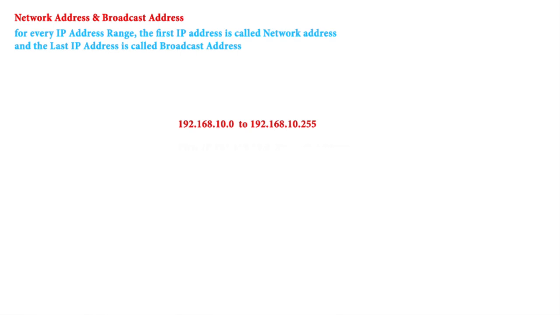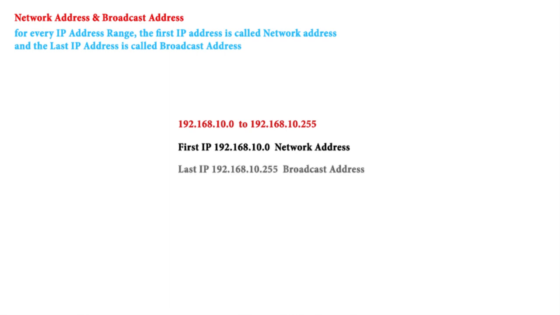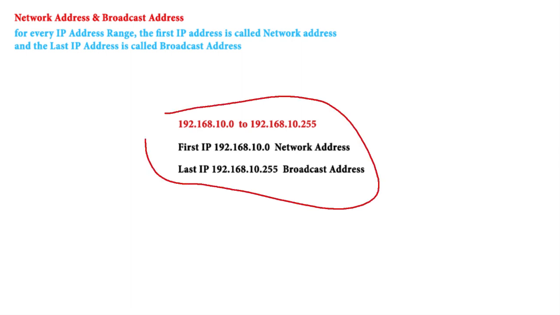With this, the first IP address will be 192.168.10.0 representing the network address. And the last IP address will be 192.168.10.255, representing the broadcast address. We will talk more about these when we get to subnetting in later lessons.